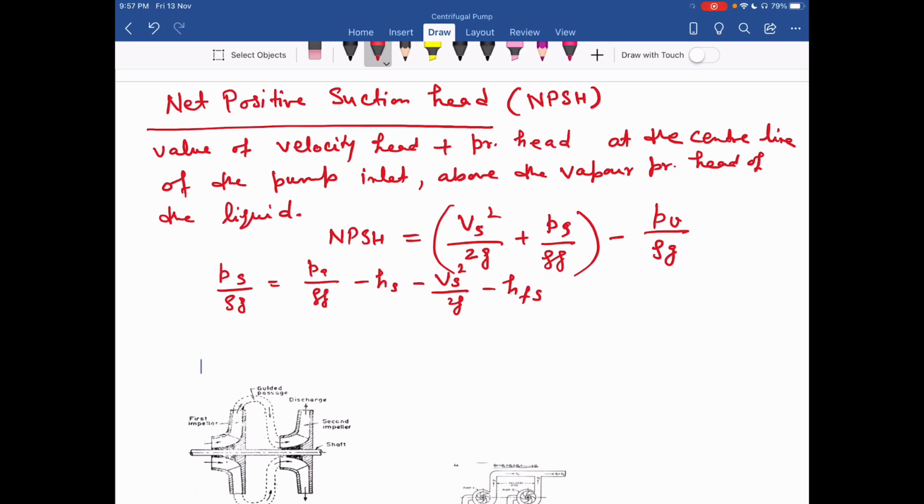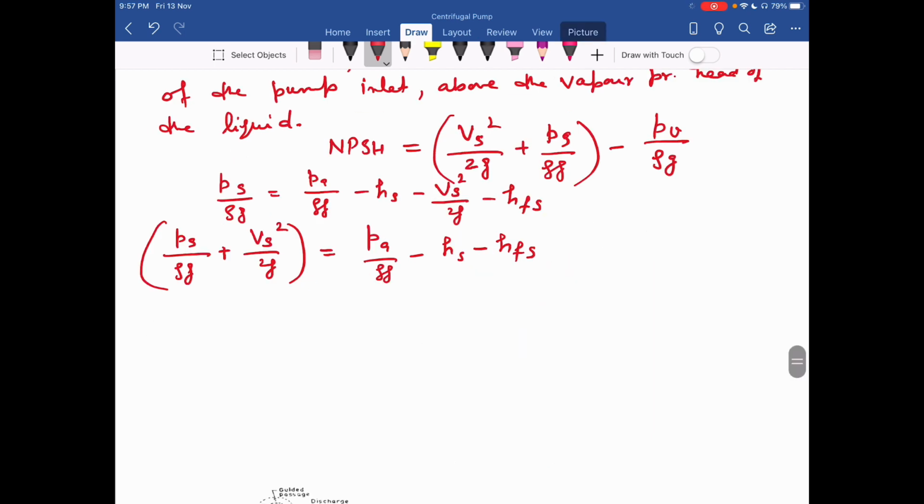Okay, so now from here you can find out Ps divided by rho G plus Vs square divided by 2G equal to Pa by rho G minus Hs minus HFS. Now you subtract PV by rho G from both sides.